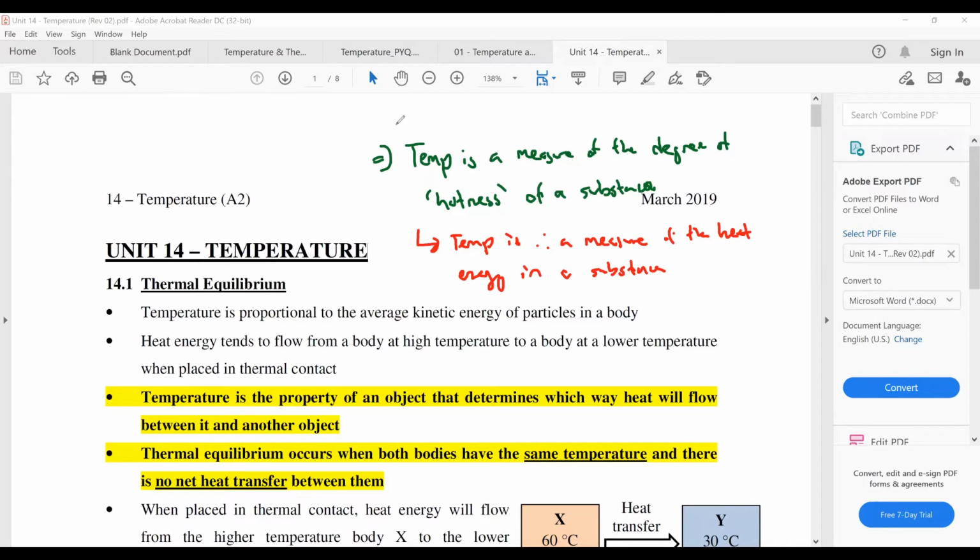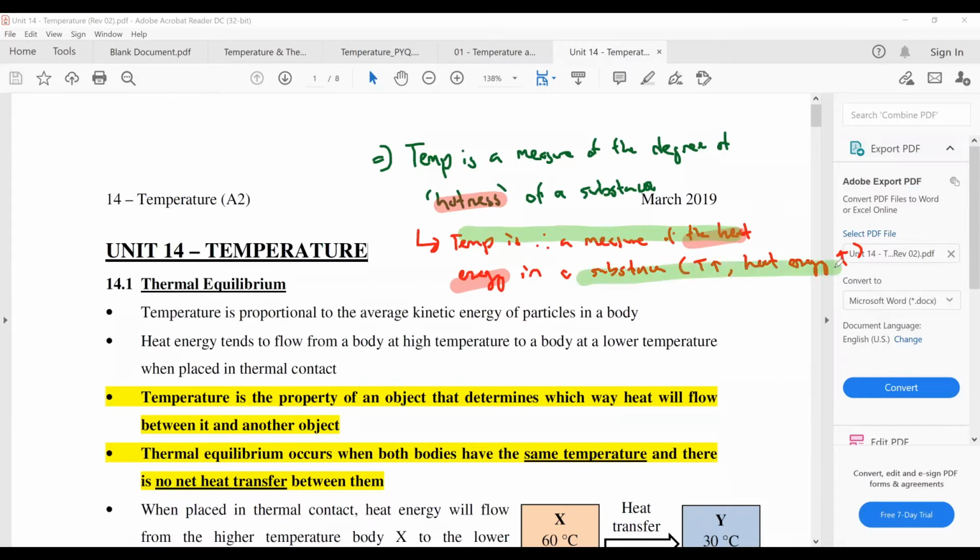Okay, so the first thing you might have thought was that since temperature is telling you how hot a substance is, in turn that will also mean that temperature is a measure of the heat energy in a substance. In other words, if temperature increases, the heat energy would increase. Now, this second statement in itself is not necessarily true.